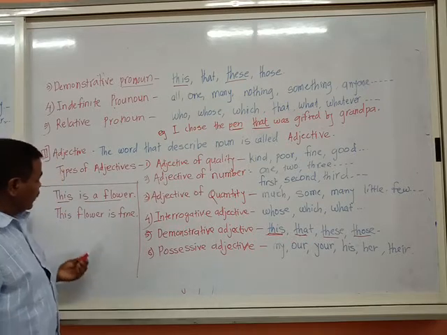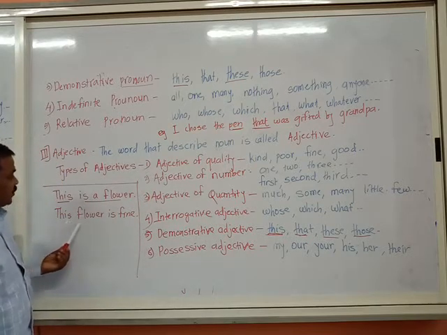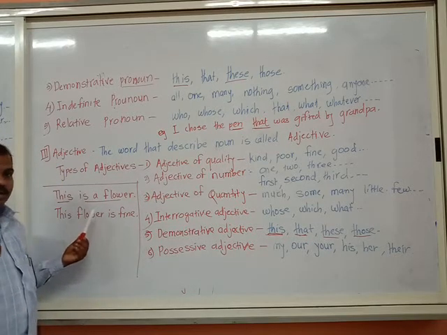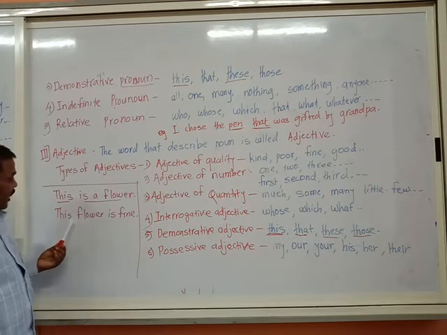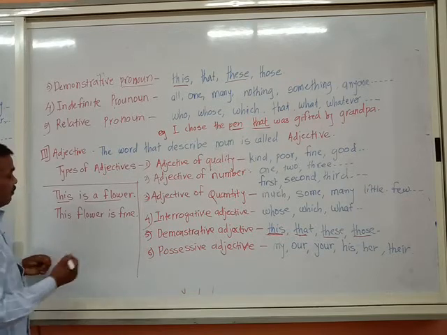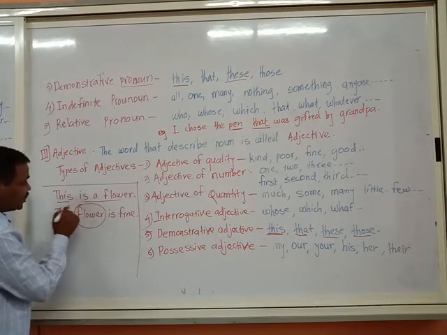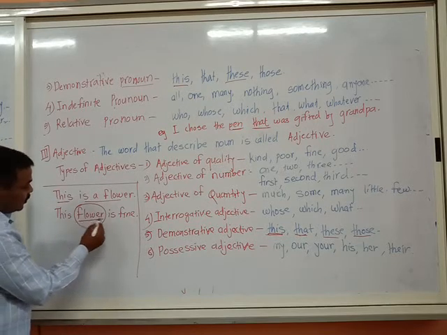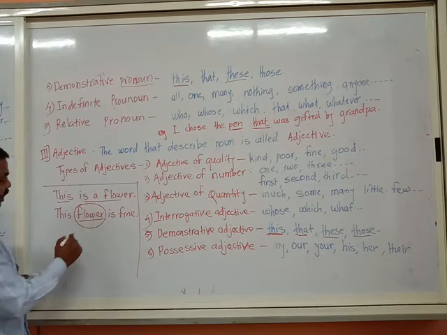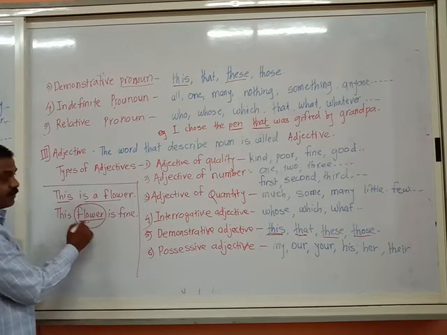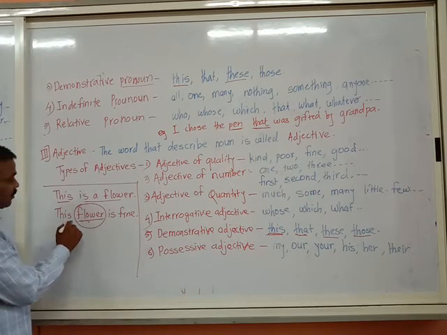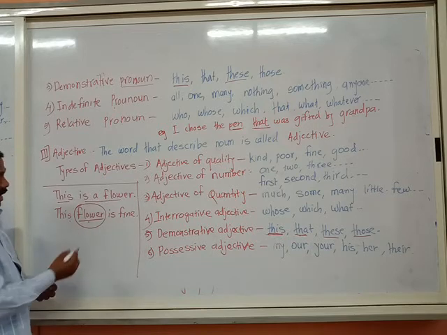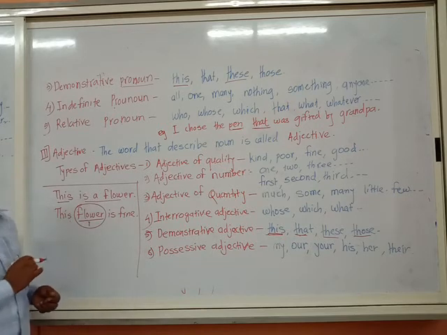But here the specific use is there. This is a flower, generally we say. But when I say this flower is fine, it means a particular flower is described. This is made special. I am talking about the particular thing.